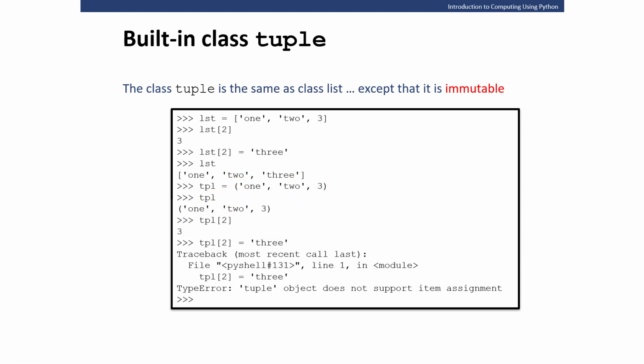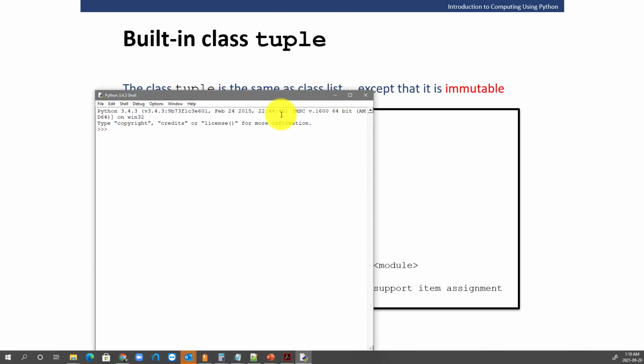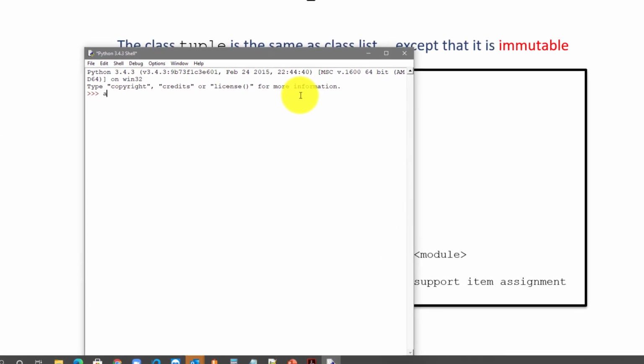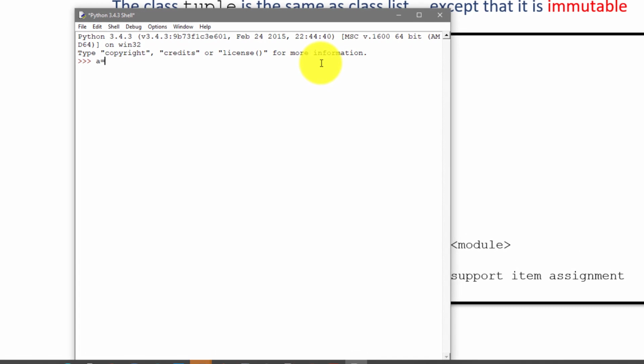optional. So if I open IDLE here and show you, I say that A is equal to 1, 2, and 3, all right?